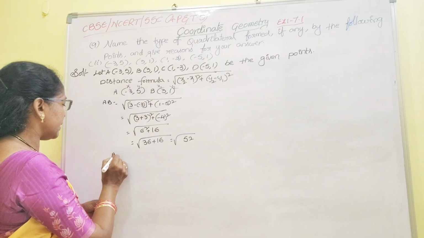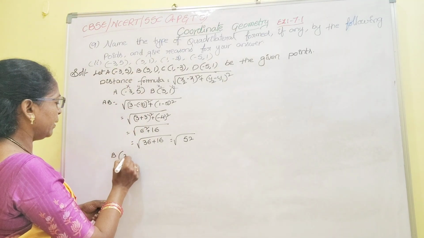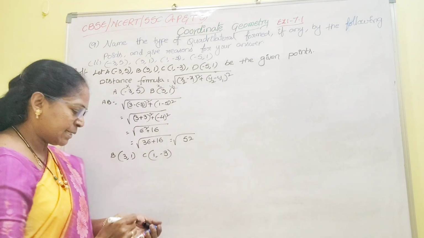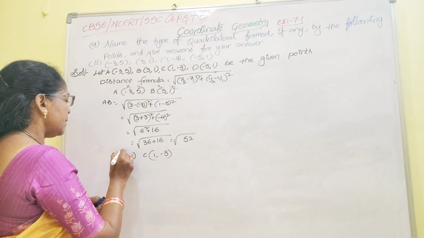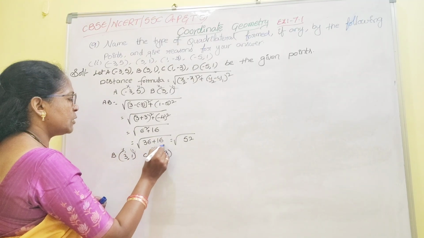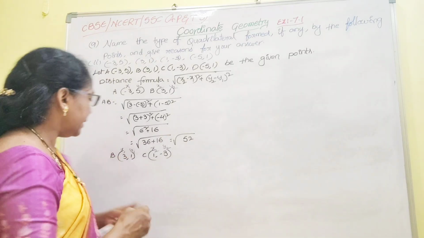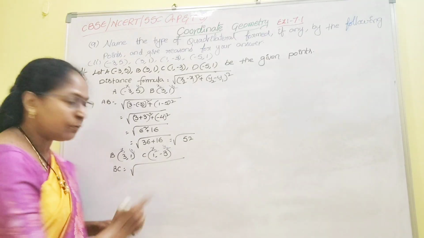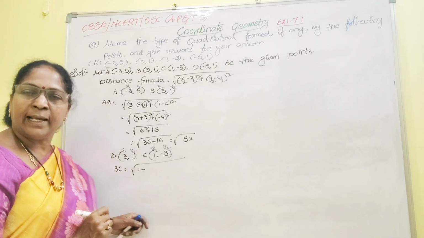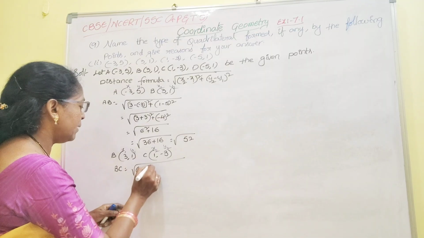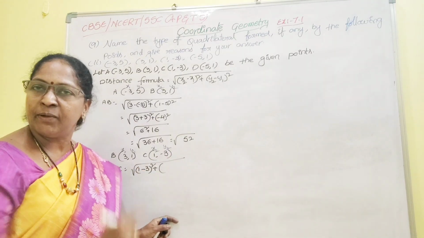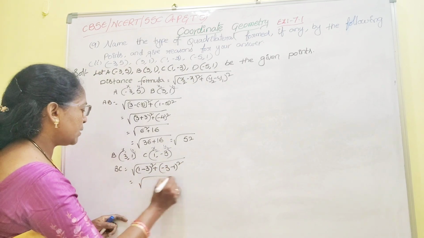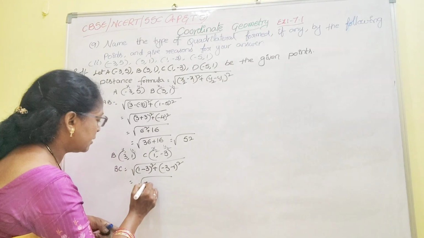Next, distance of BC, where B is (3, 1) and C is (1, -3). Representing x1, y1, x2, y2, BC equals square root of (x2 minus x1) whole square plus (y2 minus y1) whole square, where x2 is 1, x1 is 3, y2 is minus 3 and y1 is 1. So 1 minus 3 equals minus 2, and minus 3 minus 1 equals minus 4.